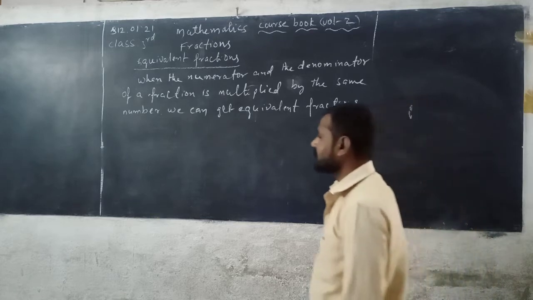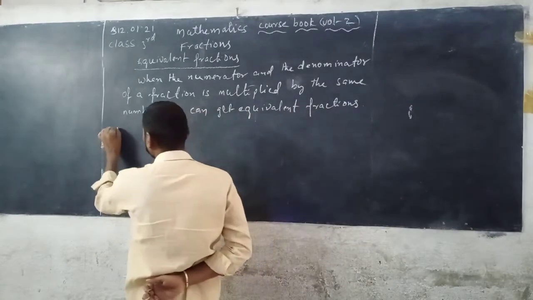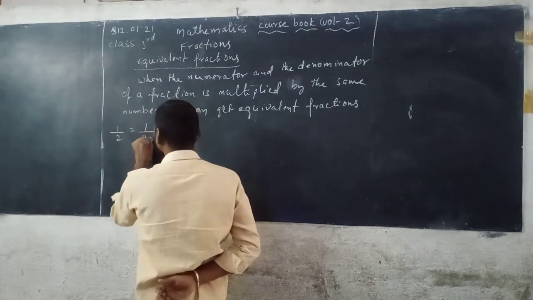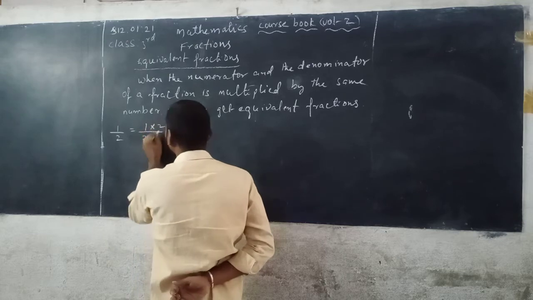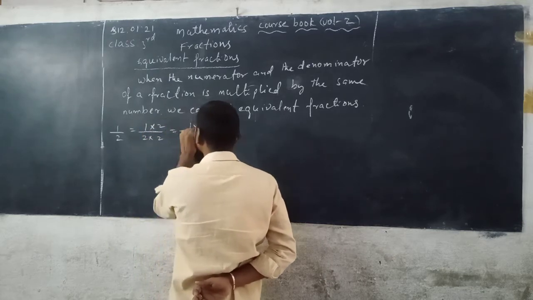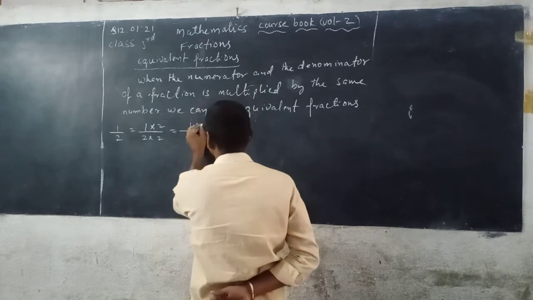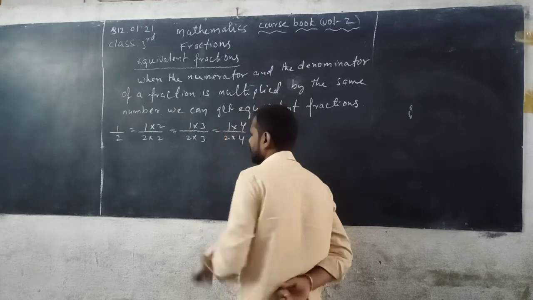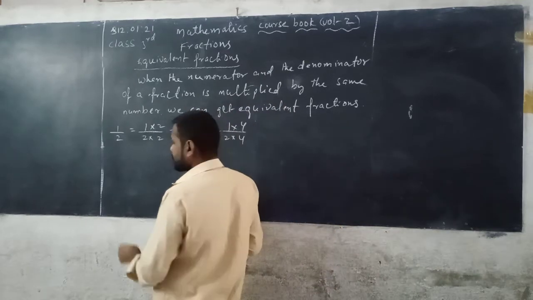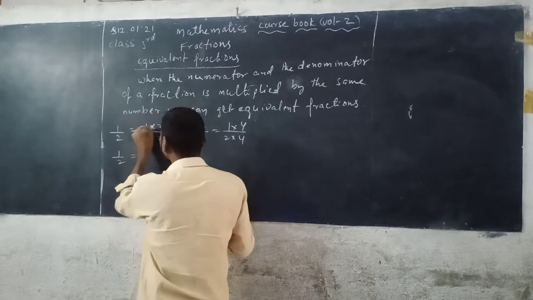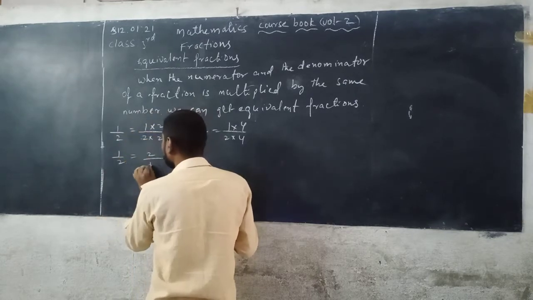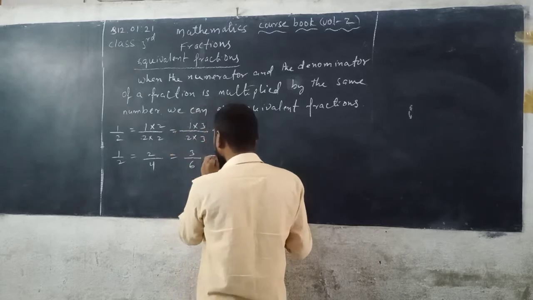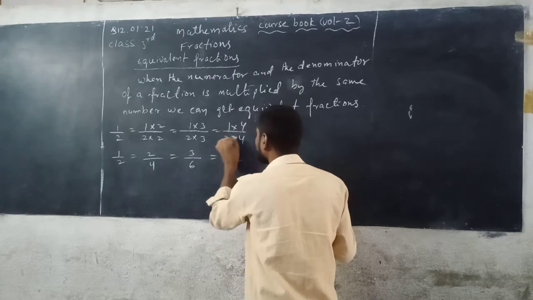Equivalent fractions. See here, look at the blackboard. 1 by 2 is multiplied by 2, both numerator and denominator. Again, 1 by 2 is multiplied by 3, both numerator and denominator, and by 4. 1 by 2 equals 1 2s are 2, 2 2s are 4; 1 3s are 3, 2 3s are 6; 1 4s are 4, 2 4s are 8.